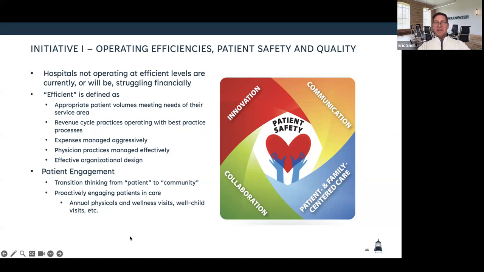All of these are opportunities to think of our community as people versus patients. When we think of our community as patients, it's a function of sick care. If we start thinking of our community as people, it's a function of healthcare, and we all can take strides to be better there.